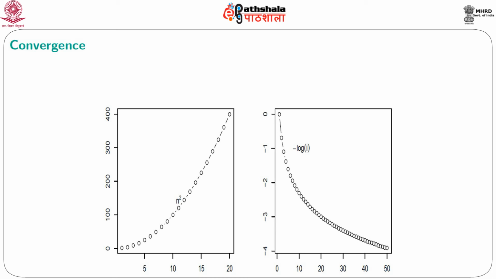We find that as we increase n, n square becomes larger and larger, and we get an increasing function. However, for minus log n, we observe that it is a decreasing function and decreases to a very large quantity in magnitude as we increase n.